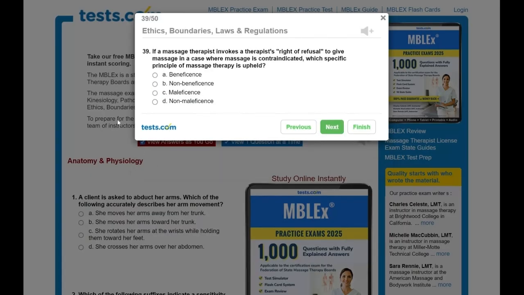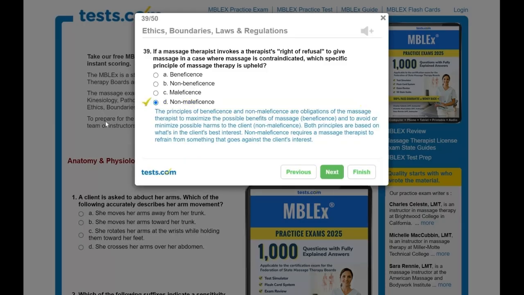Question 39. If a massage therapist invokes a therapist's right of refusal to give massage in a case where massage is contraindicated, which specific principle of massage therapy is upheld? A. Beneficence. B. Non-beneficence. C. Maleficence. D. Non-maleficence. D. Non-maleficence.